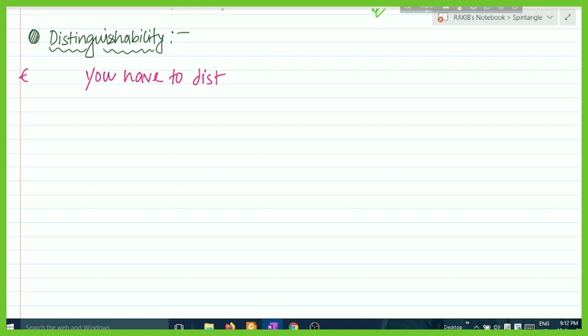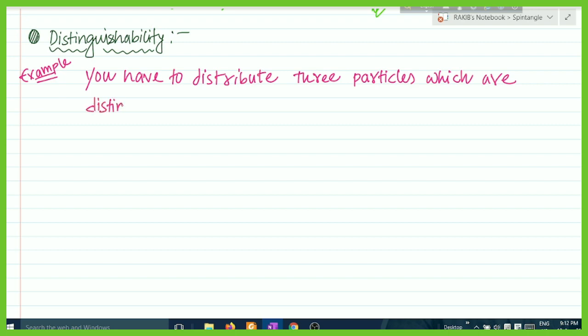this is an example. Okay, you have to distribute three particles which are distinguishable. Which are distinguishable.